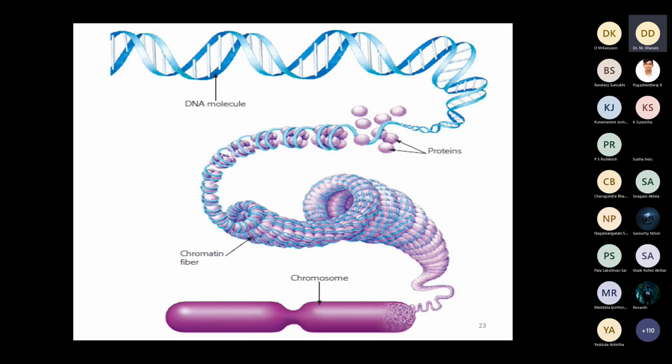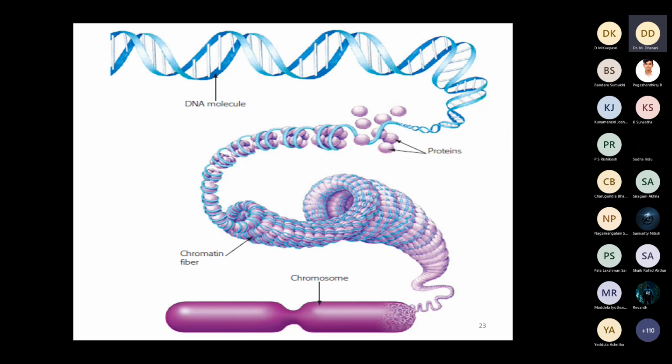We have already seen them: adenine, thymine, guanine, then cytosine, A T G C. So these are the nitrogenous bases. These bases will be connected by hydrogen bonds. I will show you a video where they have explained everything very neatly.